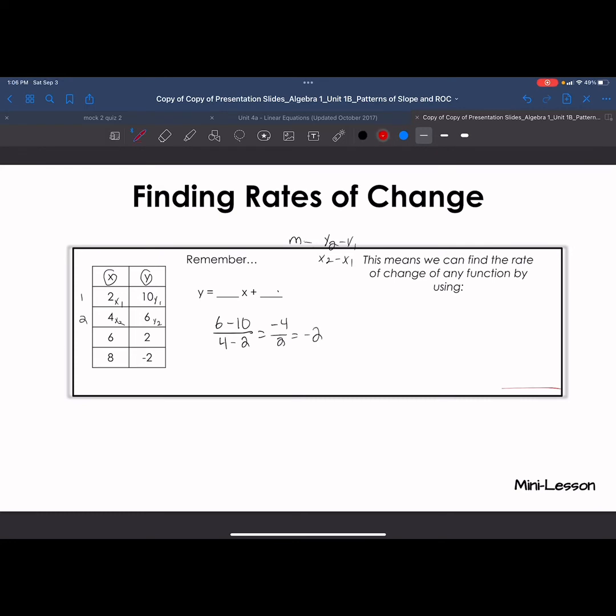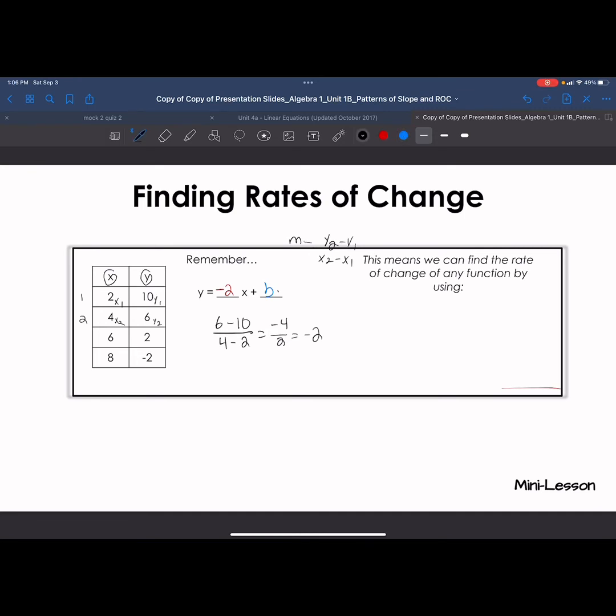So we have the same slope, negative 2. But the issue is we don't know our y-intercept. I'm showing you this way just in case our numbers are all over the place or it's not easy to count backwards. Here's a way to do this algebraically.